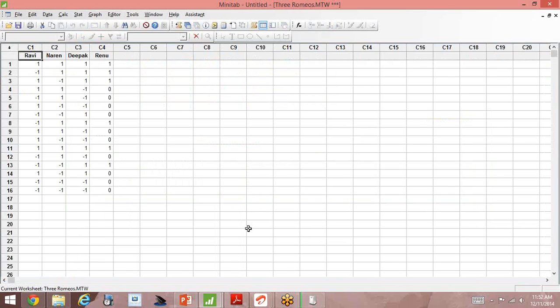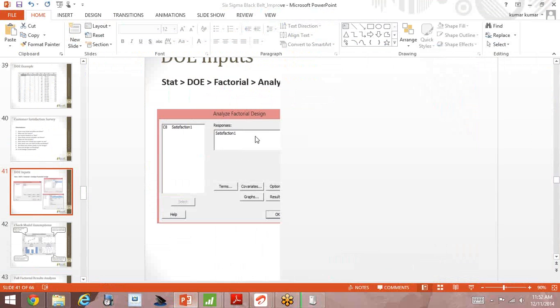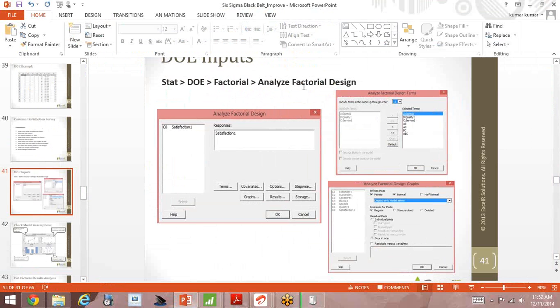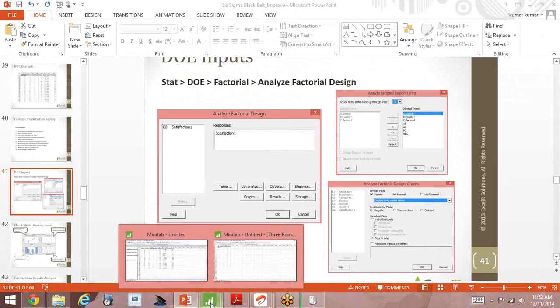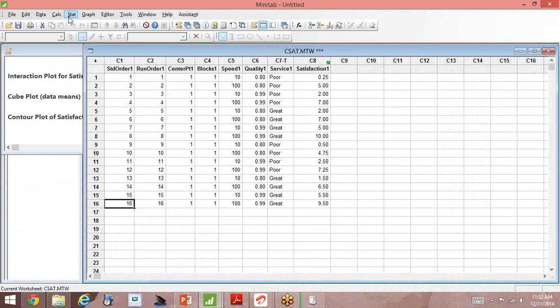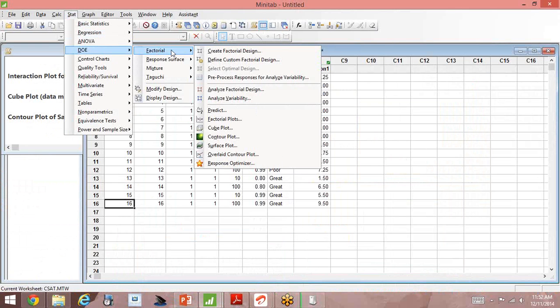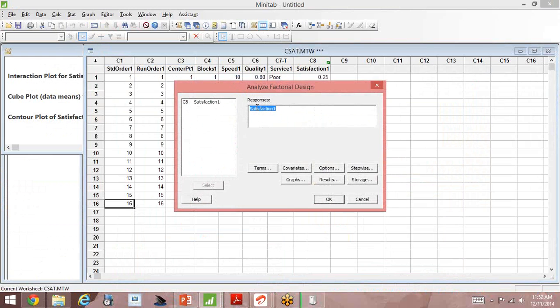If you want to create a factorial design, you can do that, or let us analyze the factorial design.